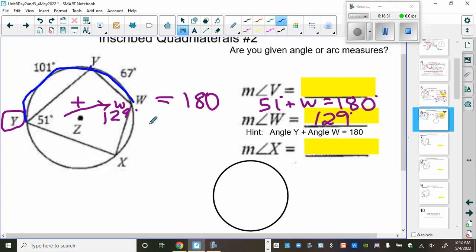The grand total of your circle is how many degrees? 360. So they gave us 101. It goes like that. They also gave us 67.